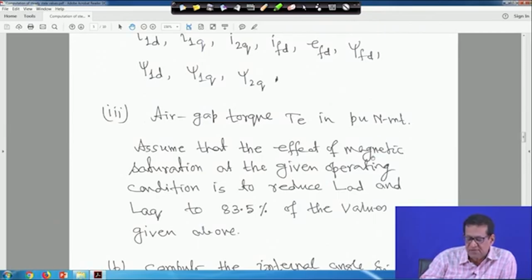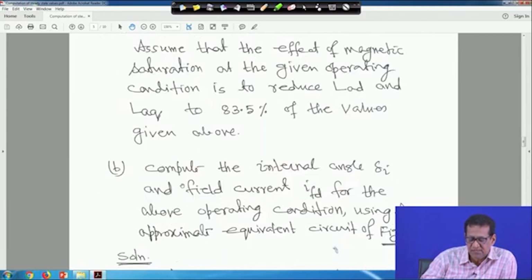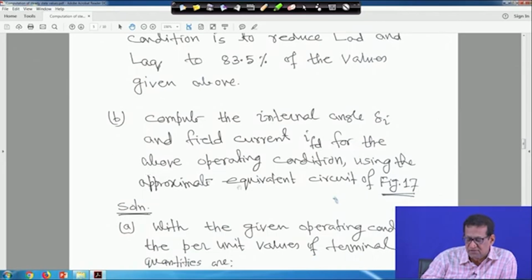Assume that the effect of magnetic saturation at the given operating condition is to reduce LAD and LAQ to 83.5% of the values given above. That we will see when we solve this problem. And part B, compute the internal angle delta I and field current IFD for the above operating condition using the approximate equivalent circuit of figure 17, right. This figure 17 is already given before.